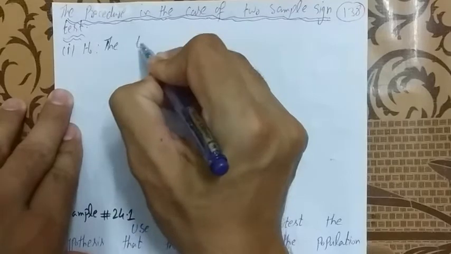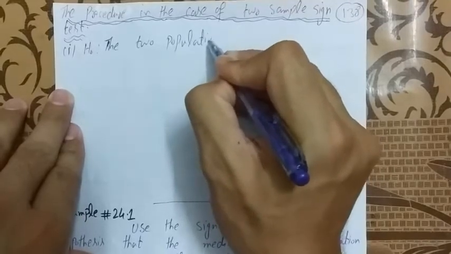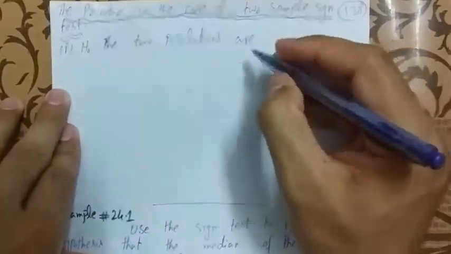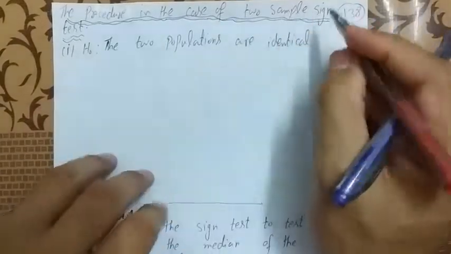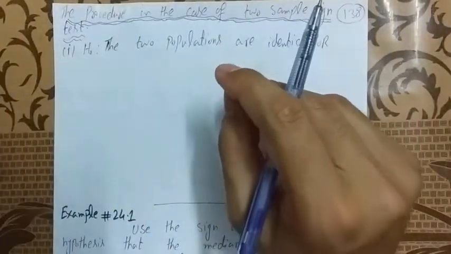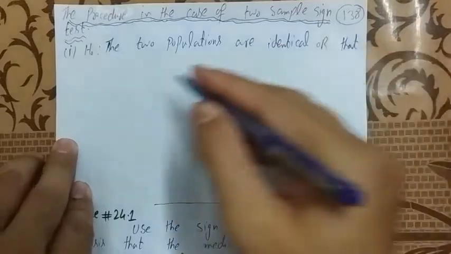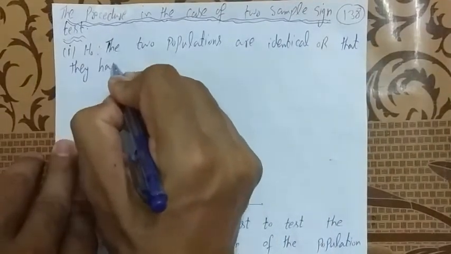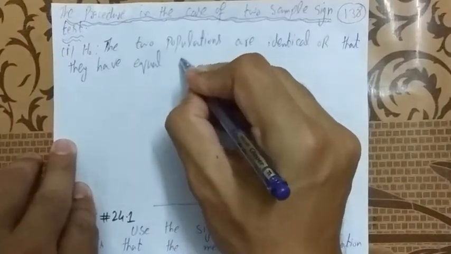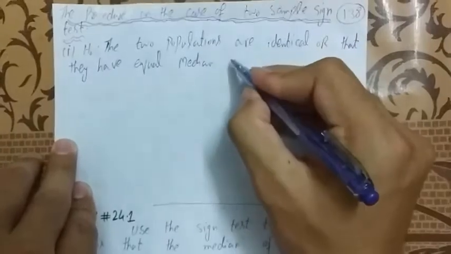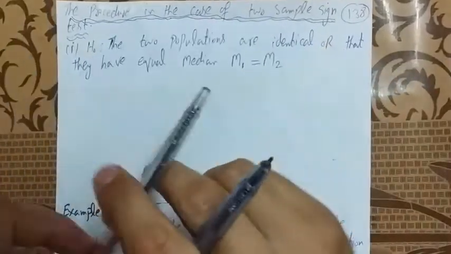The two populations are identical, or that they have equal medians, that is, M1 equals M2. This is the null hypothesis.